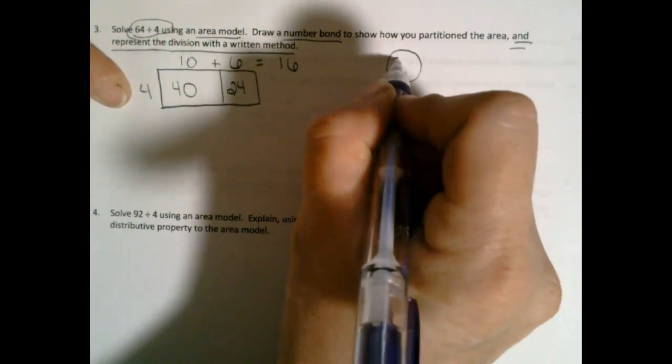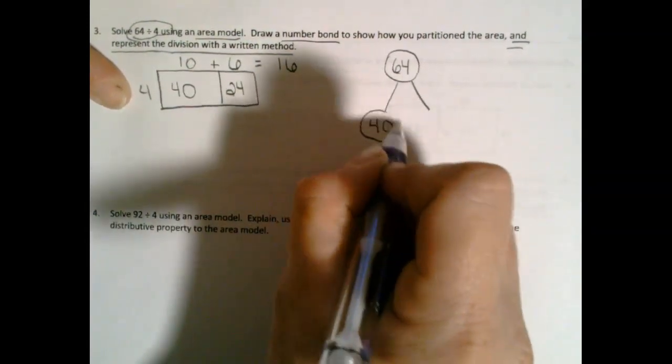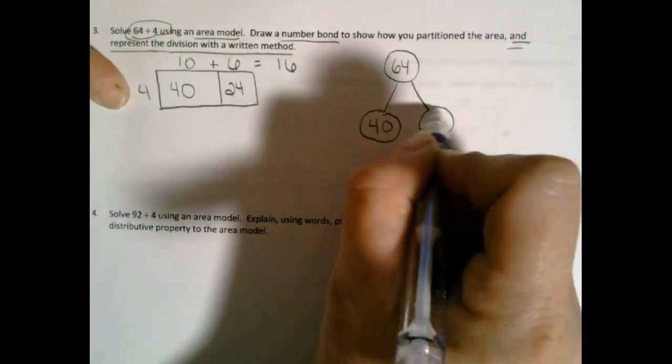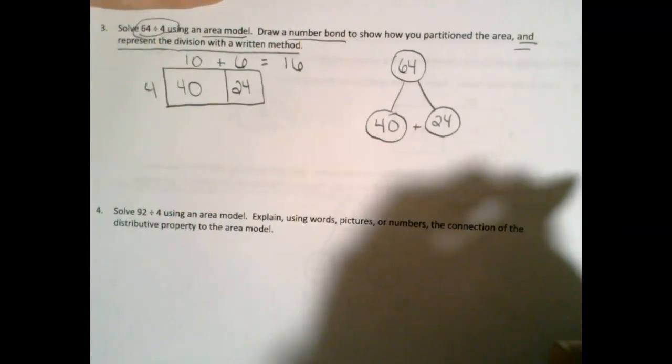All right, let's show that with a number bond. So here I have 64, and I'm going to split that up into 40 and 24, or decompose it, I guess I should say, because 40 plus 24 is going to equal 64.